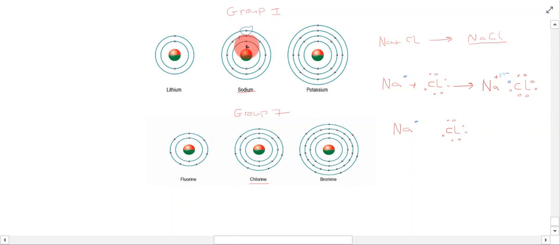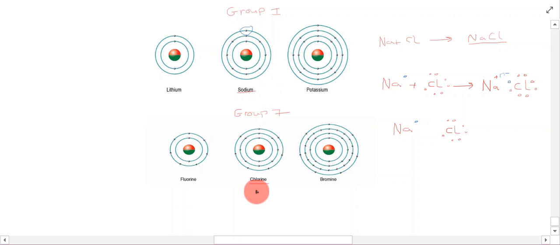But what's actually repelling this electron and pushing it away is the repulsion of these electrons in between the nucleus. Remember, these are all negatively charged, so they're going to be pushing this outer electron away, and the nucleus is positively charged, so it's going to be pulling it in.